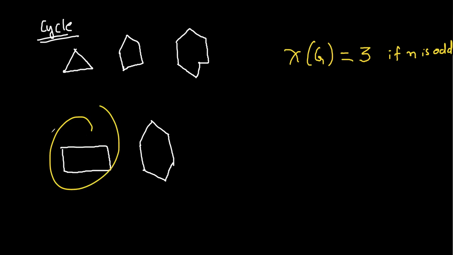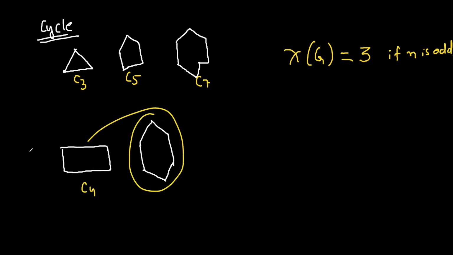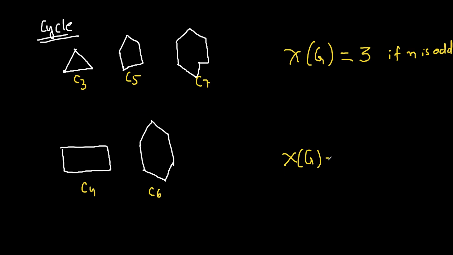Now tell me what is the chromatic number of this? 2. What is chromatic number of this? So chromatic number for a cyclic graph is 2 if n is even. Okay.